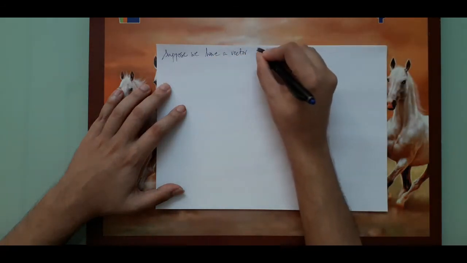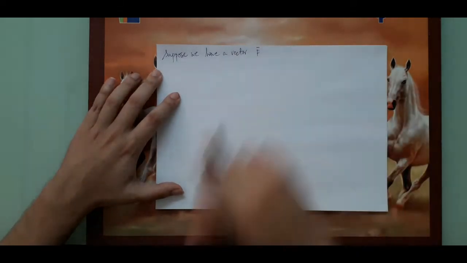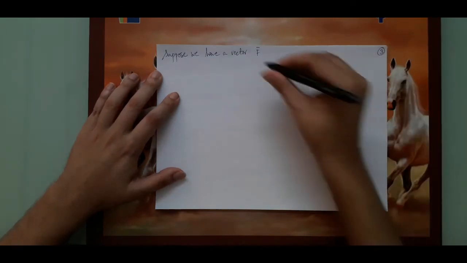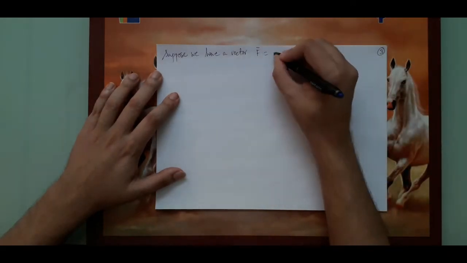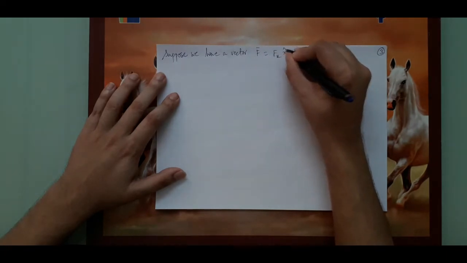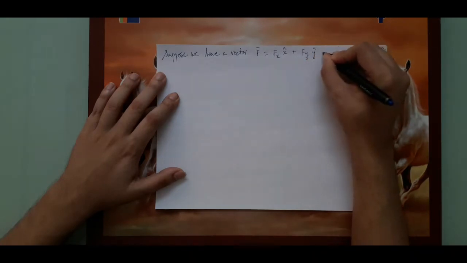We have a vector f. As you know, we represent vectors using a vector notation. Let us say on the Cartesian plane, it has 3 components: fx, fy, and fz.